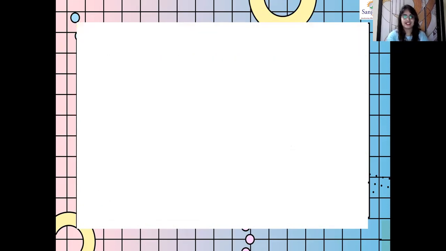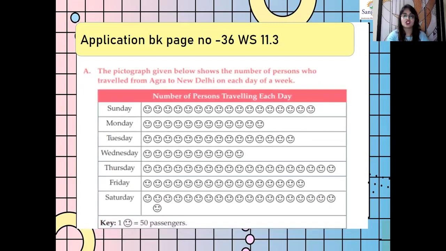Okay, let us start with our worksheet 11.3 question number A, page number 36. Again, the pictograph is given here. The pictograph given below shows the number of persons who traveled from Agra to New Delhi on each day of a week.